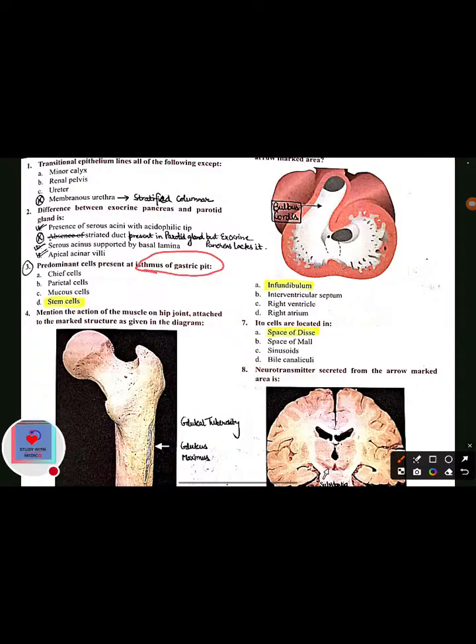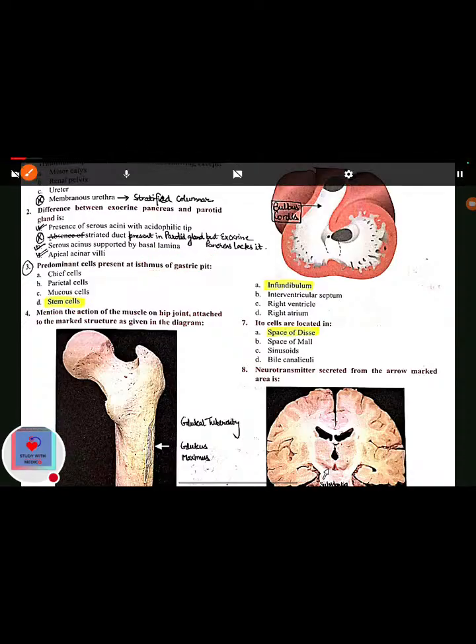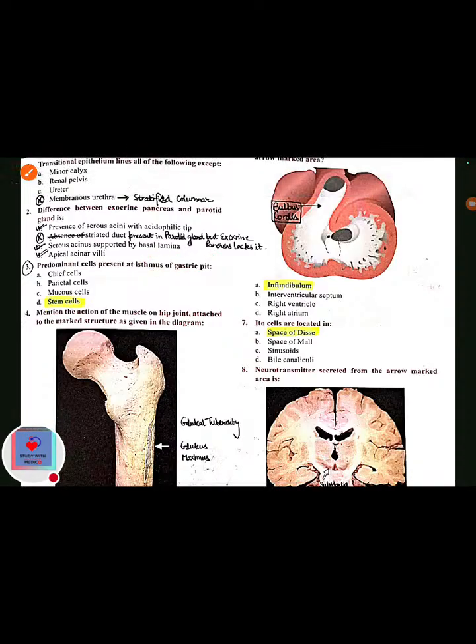The isthmus of the gastric pit is a crucial region for gastric epithelial renewal because it contains the stem cells.